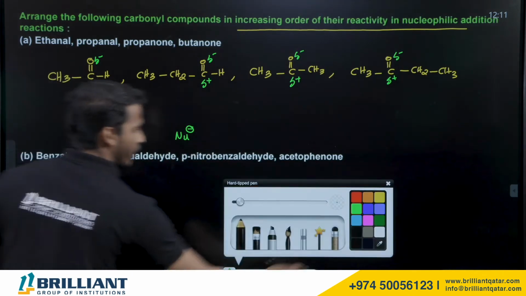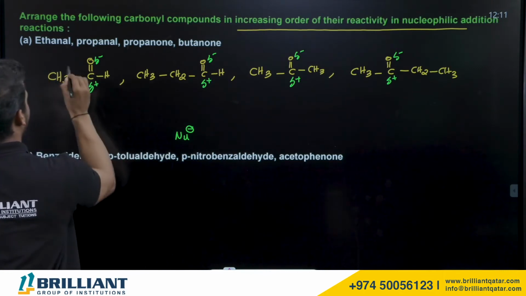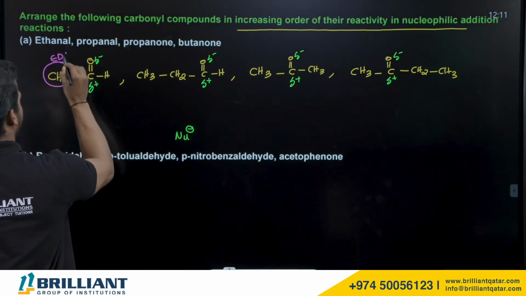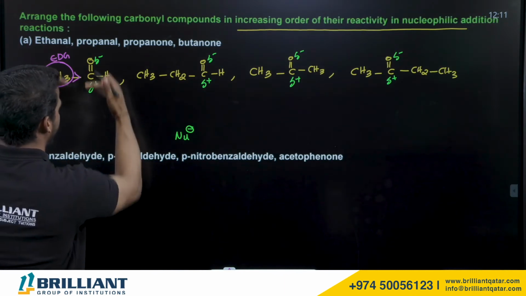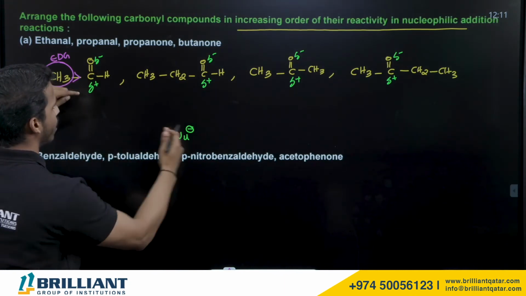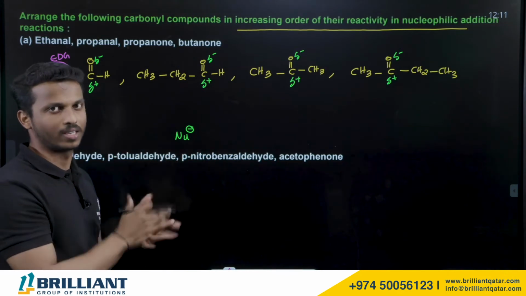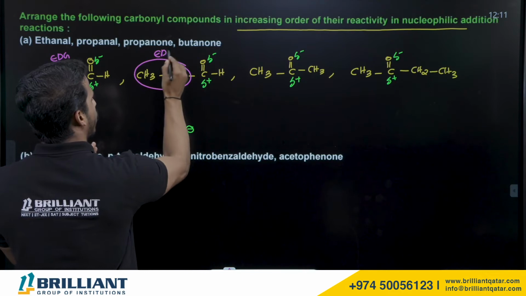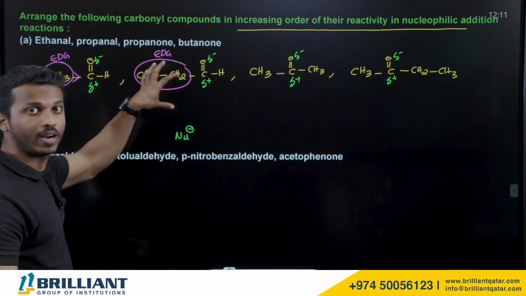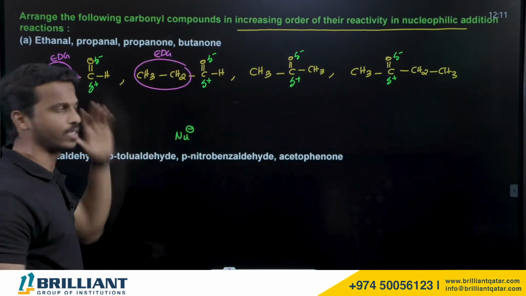Dear student, here in this aldehyde only one alkyl group is there, an electron donating group. Electron donating group will decrease the positive charge on carbon, so the nucleophile cannot attack fast. But between methyl and ethyl, electron donating power is greater for ethyl, right? So its reactivity is very less.